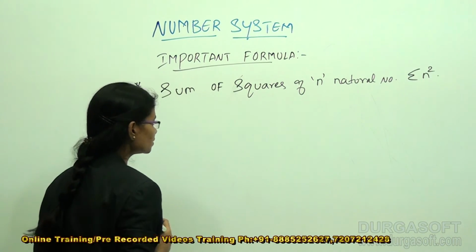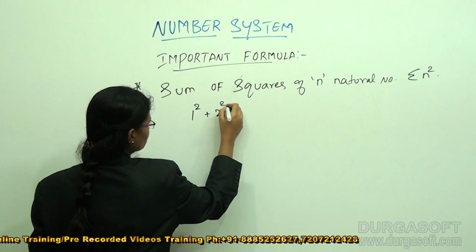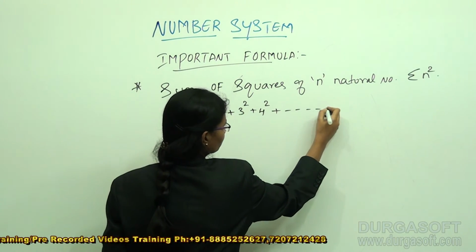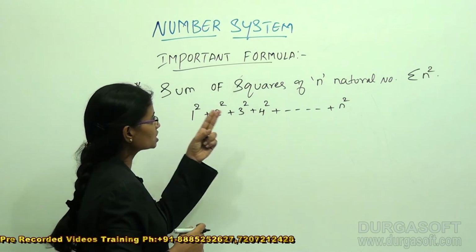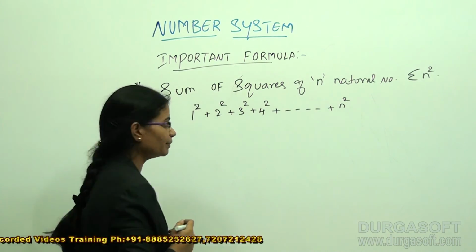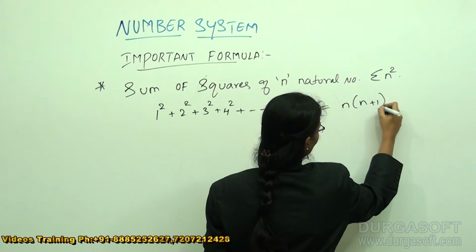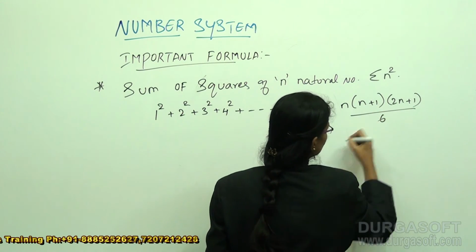For example, if I have 1 square, 2 square, 3 square, 4 square, and so on until n square, the sum of squares of n natural numbers, sigma n square, will be n into n plus 1 into 2n plus 1, divided by 6.